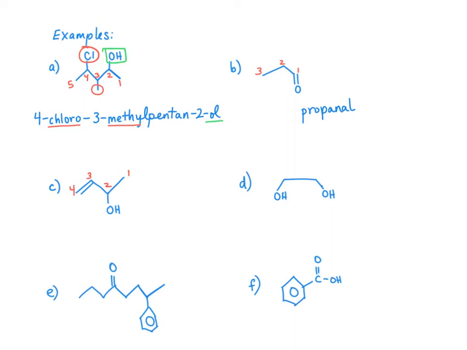And now we can build our name here. So instead of butane, it's actually butene, isn't it? But-3-ene, but we're going to drop that E and indicate where that hydroxyl group is. So but-3-en-2-ol.